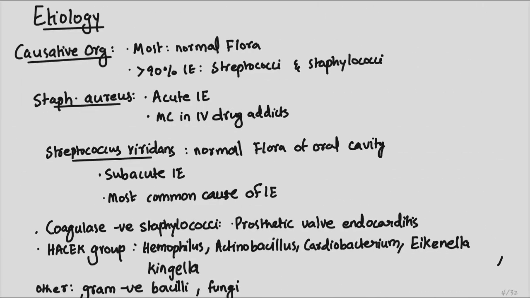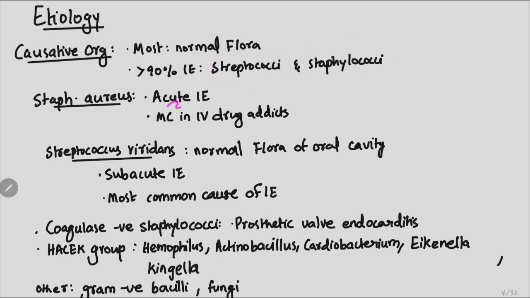Etiology. The causative organisms are mostly the normal flora in our body, like the viridans streptococci, which are normal flora in the oral cavity. Staphylococci can be normal flora on the skin in a few people, and greater than 90% of infective endocarditis is caused by viridans streptococci and staphylococci.